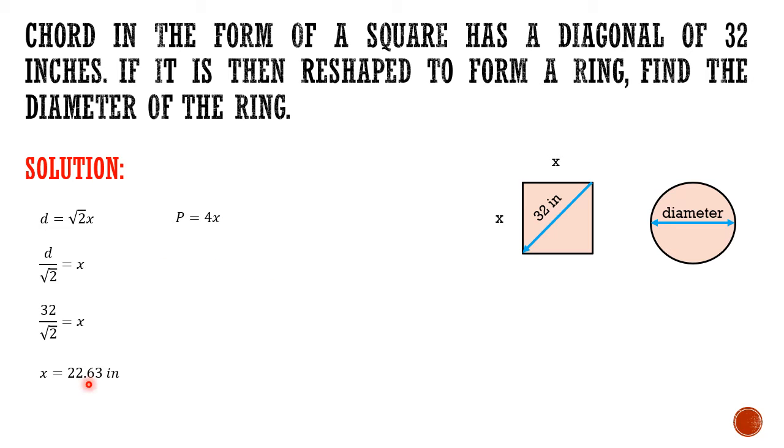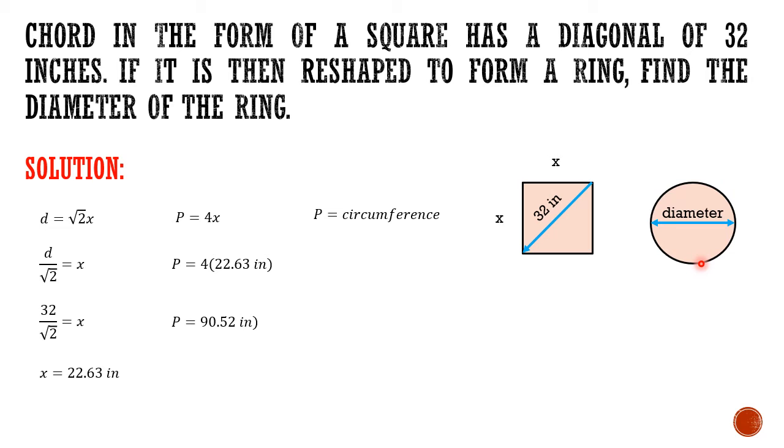And we have the value of x which is 22.63. Plug lang natin dito. So, perimeter is equal to 4 times ng 22.63 inches and we'll have perimeter is equal to 90.52 inches. So, sabi dito na yung perimeter ng square is equal lang sa circumference ng ring.